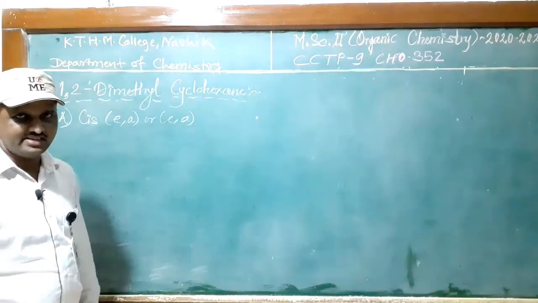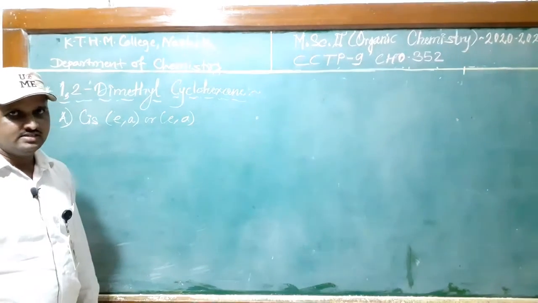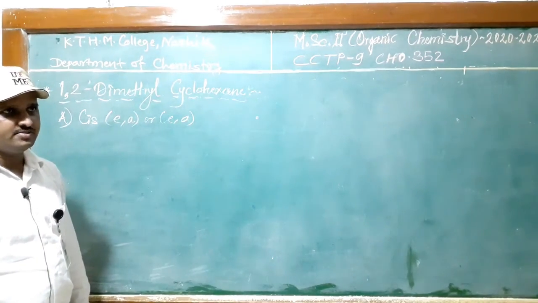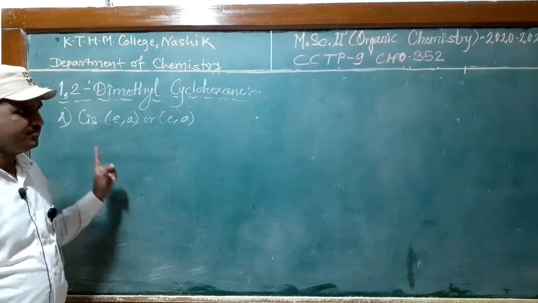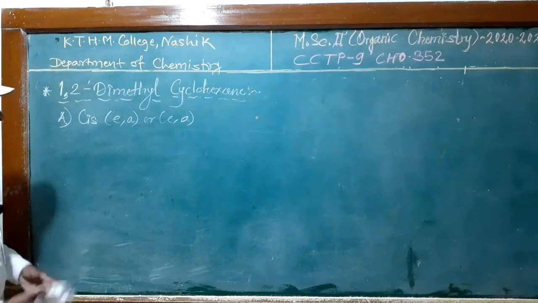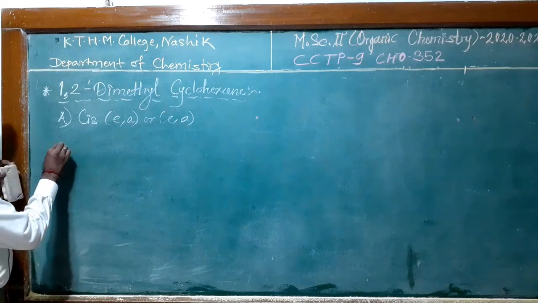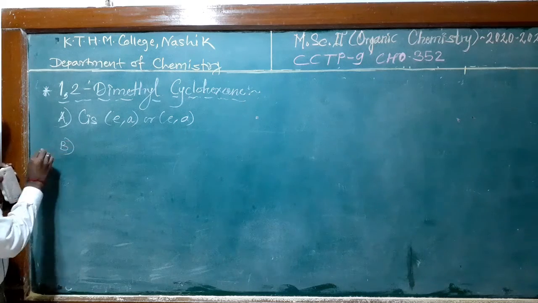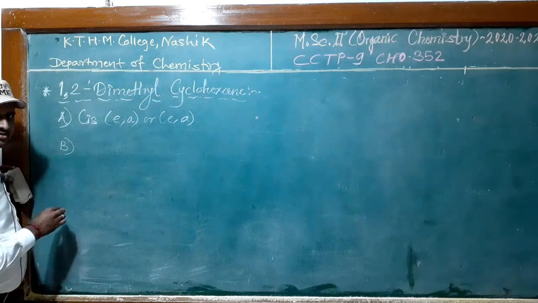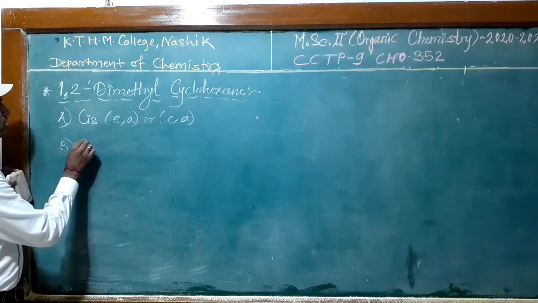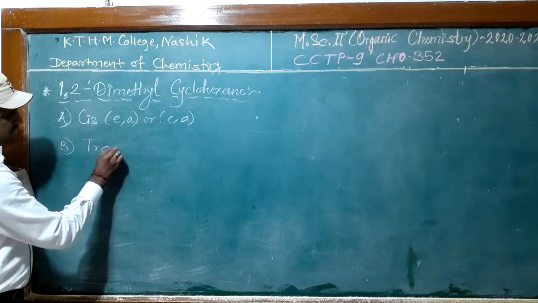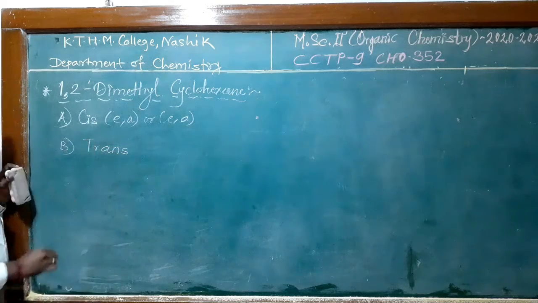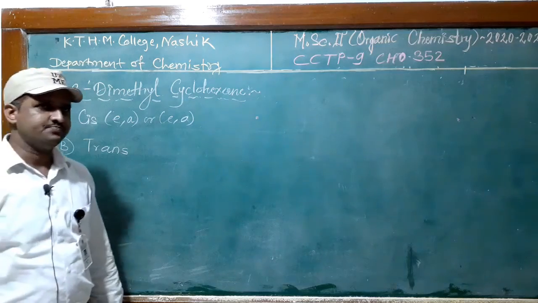In the previous lecture we learned the 1,2-dimethyl cyclohexane Newman's projection for the cis conformation. In today's lecture we are going to study the Newman's projection and chair conformation of the trans conformation of 1,2-dimethyl cyclohexane.